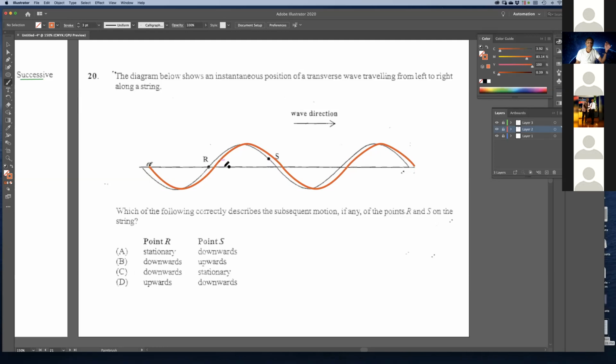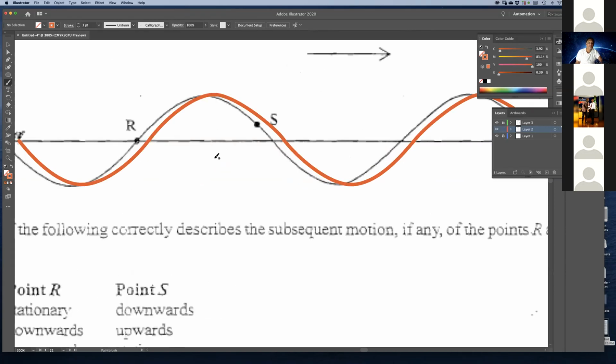Now, that tells us that the particle, I'll just go in tighter. R is here, and a little bit later, this is where R is. So R must be moving down. In order for R to go from here to here, R must be moving down, and at the same time, S must be moving up.